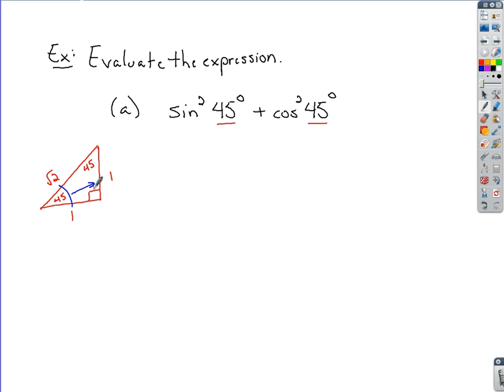Okay, as we go back to what we're trying to evaluate now, sine squared of 45 degrees plus cosine squared of 45 degrees. Since I'm squaring everything, I might want to rewrite this a little bit so I can understand that I'm trying to find the sine of 45 degrees, whatever that is, and square it. And then I want to add on the cosine of 45 degrees, whatever that is, and square it.